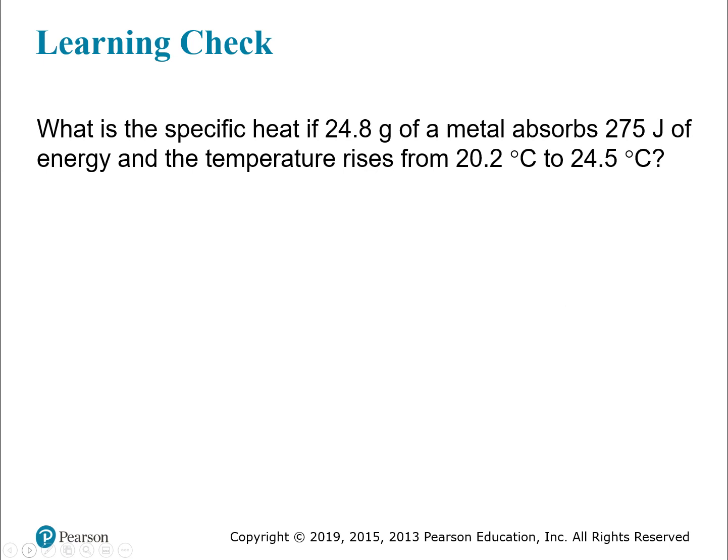What is the specific heat if 24.8 grams of metal absorbs 275 joules of energy and the temperature rises from 20.2 degrees Celsius to 24.5 degrees Celsius? Okay.